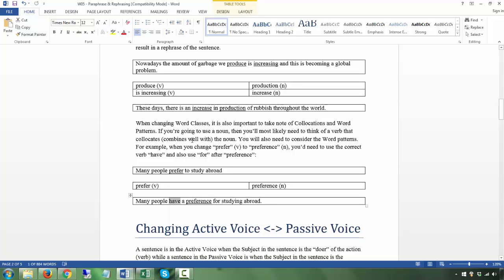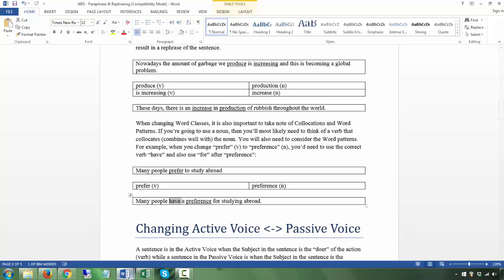I'm not going to explain what collocations are, because I go through that pretty much in depth in writing class 2. So just take note here that sometimes when you have a noun, you may need a verb, and the verb has to be what you call a collocation.